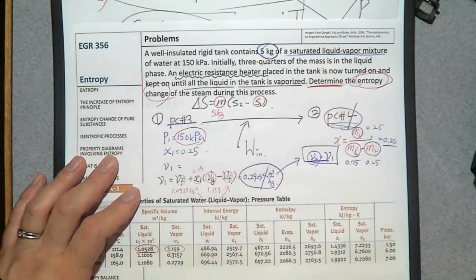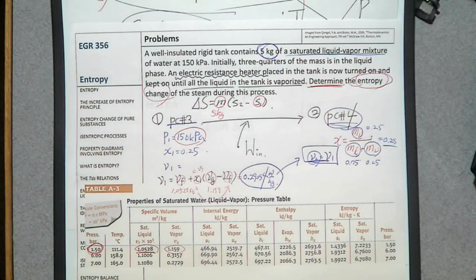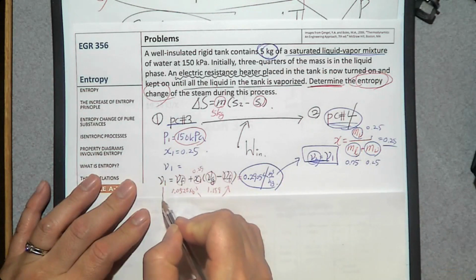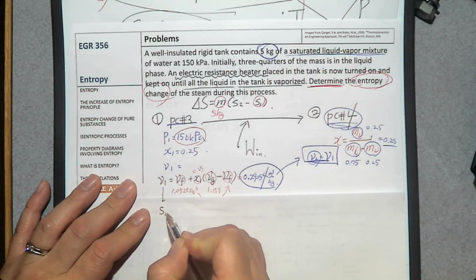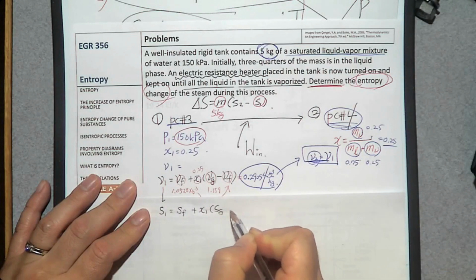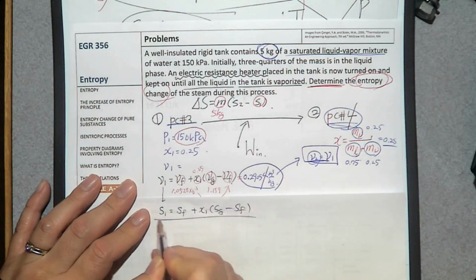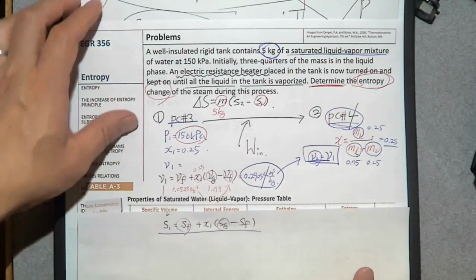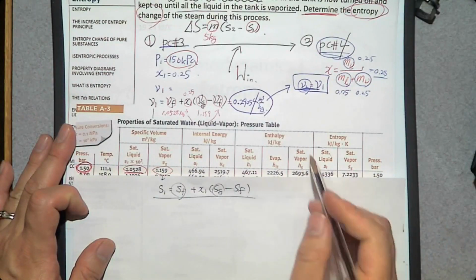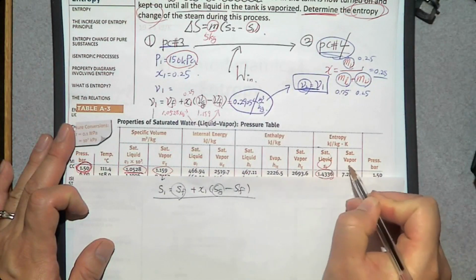What about S1? We know it is a saturated mixture, so we can use the same equation. I'm going to copy and paste. S1 is SF plus X1 times (SG minus SF). Where do we get SF and SG? From this pressure table, there's SF, this one, SG, this one.